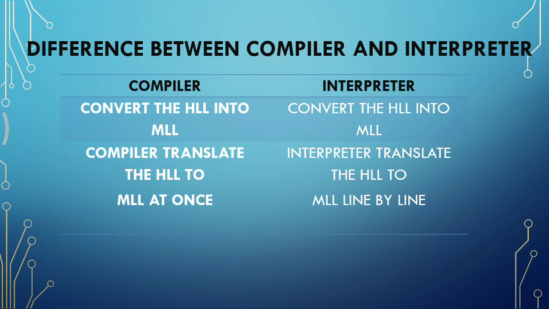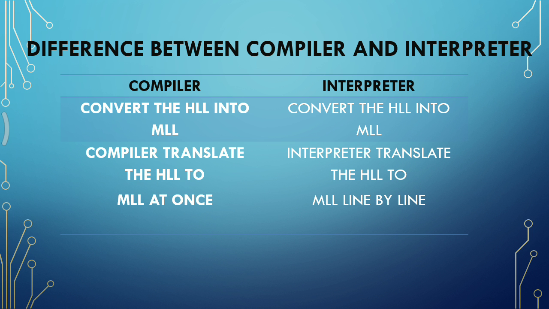So next is the point: what are the differences between compiler and interpreter? A compiler is a translator which translates high level language to machine level language, and in the same way an interpreter also translates the high level language into machine level language. When we talk about the major difference, a compiler translates the high level language to machine level language at once.